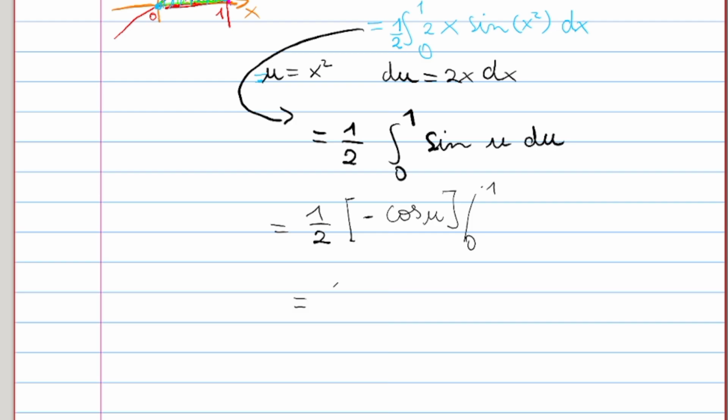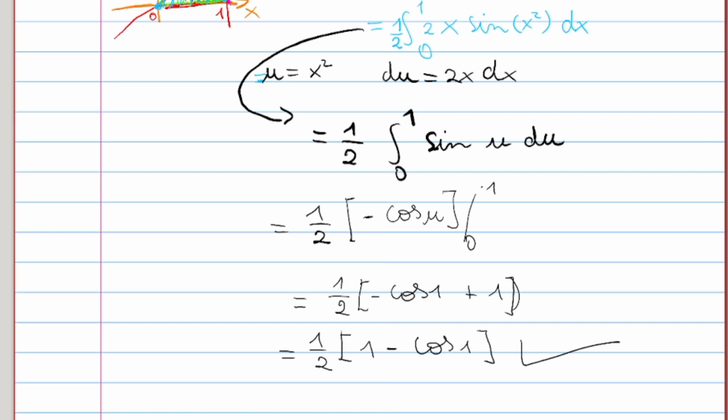And then we get 1 over 2 times minus cosine 1 plus cosine of 0, it's plus because of this minus here. Cosine of 0 is 1, so the final result is 1 over 2 times 1 minus cosine 1, and that's the result.